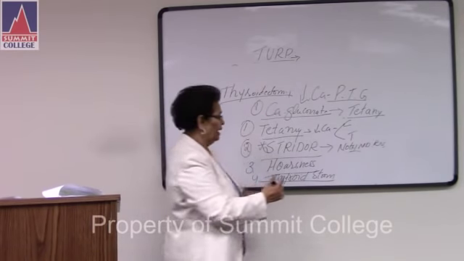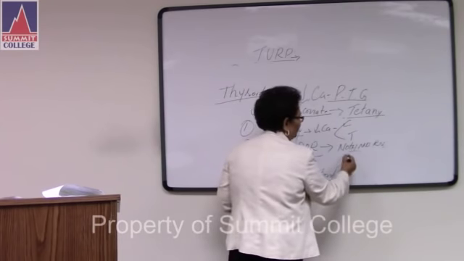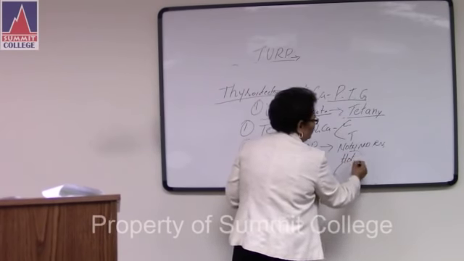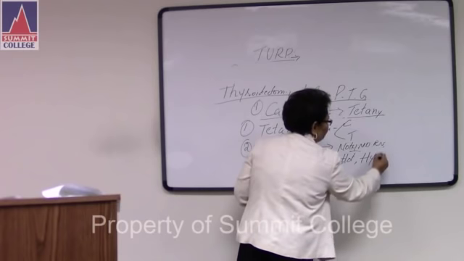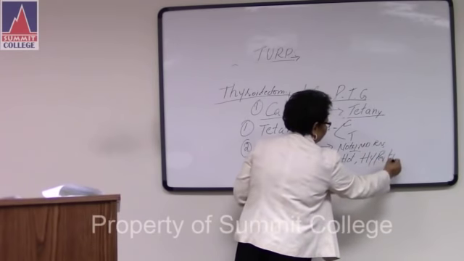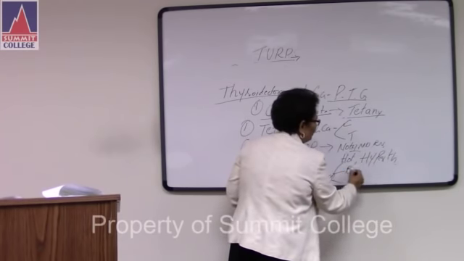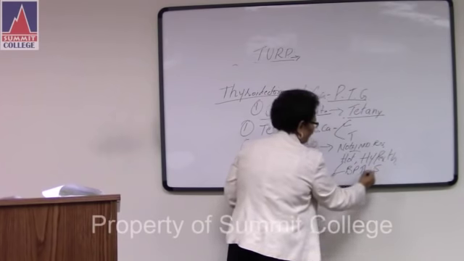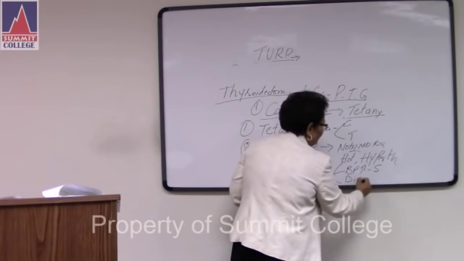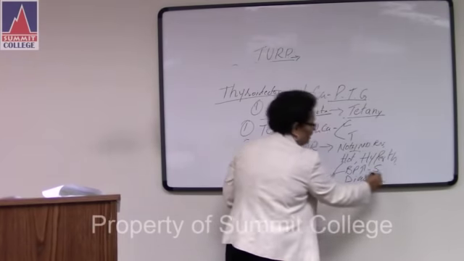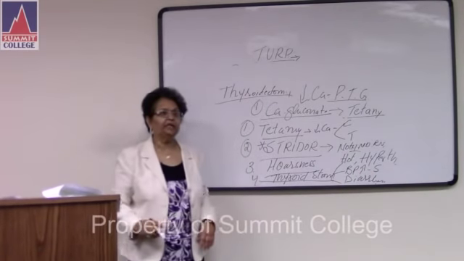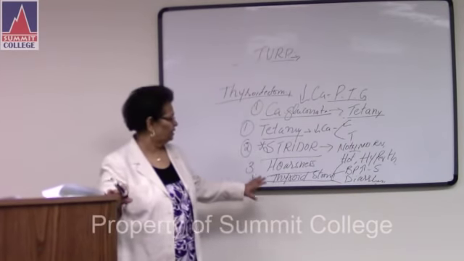What happens in hyper? Remember the word hot. They use the word hyperthermia. Their blood pressure is high, systolic. They're having diarrhea. Are we clear? More palpitation, more nervousness.